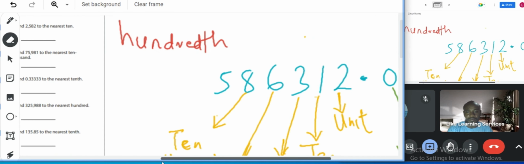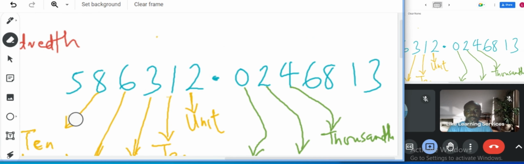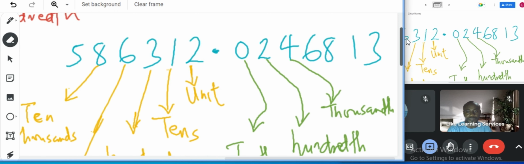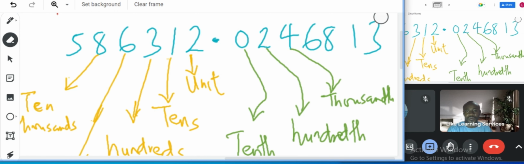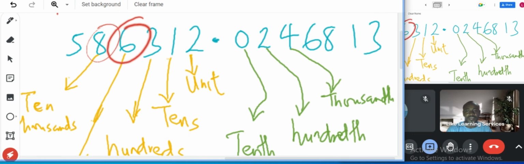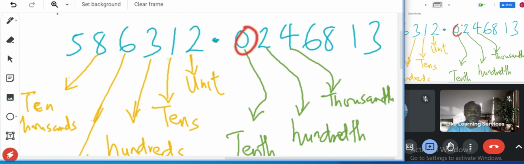First of all, I need us to look at this. When you have a number like this, for instance, 5863112.02468113, can you see that? Yes, sir.